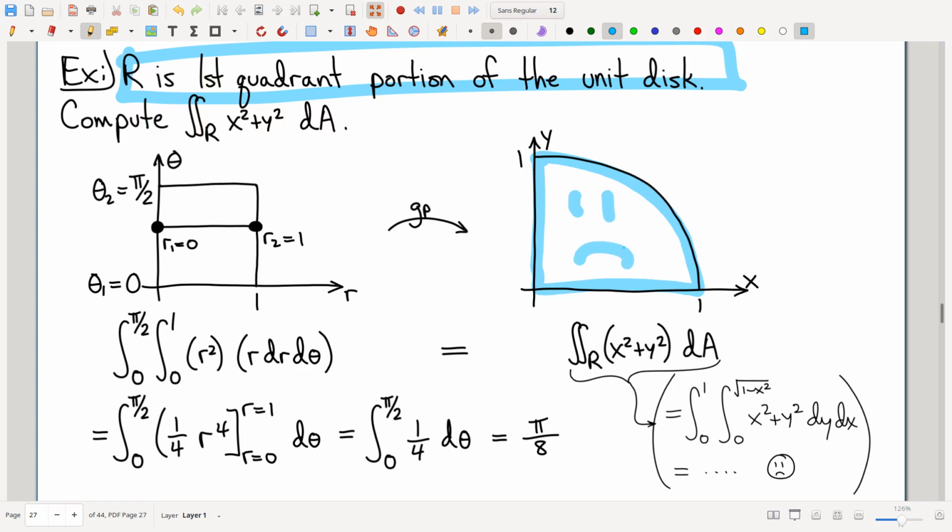This is a bad domain because when you slice it up, here's your integral that we're looking at arbitrarily. When you slice that up and you look at these bounds, notice that there is a square root on the inside bounds. That means you're going to have a square root in your outside integrand, and that's not good.